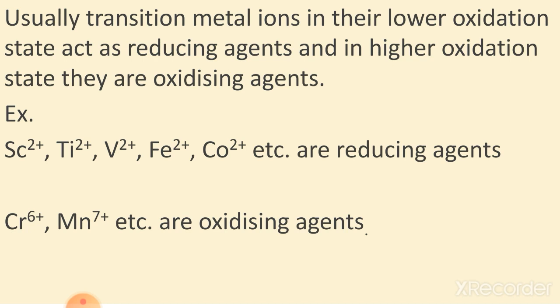Then Cr6+, Mn7+, these are in higher oxidation state, so that's why they work as oxidizing agents. That means lower state behaves as reducing agent and higher state behaves as oxidizing agent, and the state in between can behave as reducing and oxidizing agent depending upon the condition.